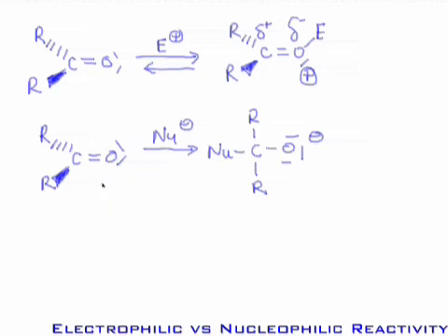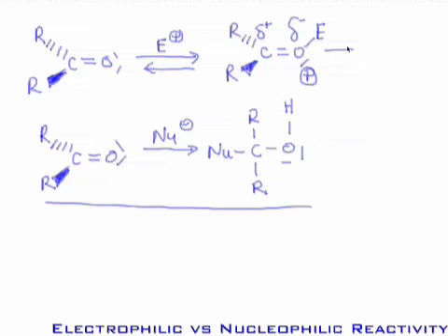That is, this bottom reaction might be sped up if we already had an electrophile attached here. And what electrophile am I thinking of? Of course, I'm thinking of H+. If we had added H+ first, this E would have been H, and I would have generated an alcohol with the attack of my nucleophile. So the electrophile attack may assist or favor the nucleophilic attack.